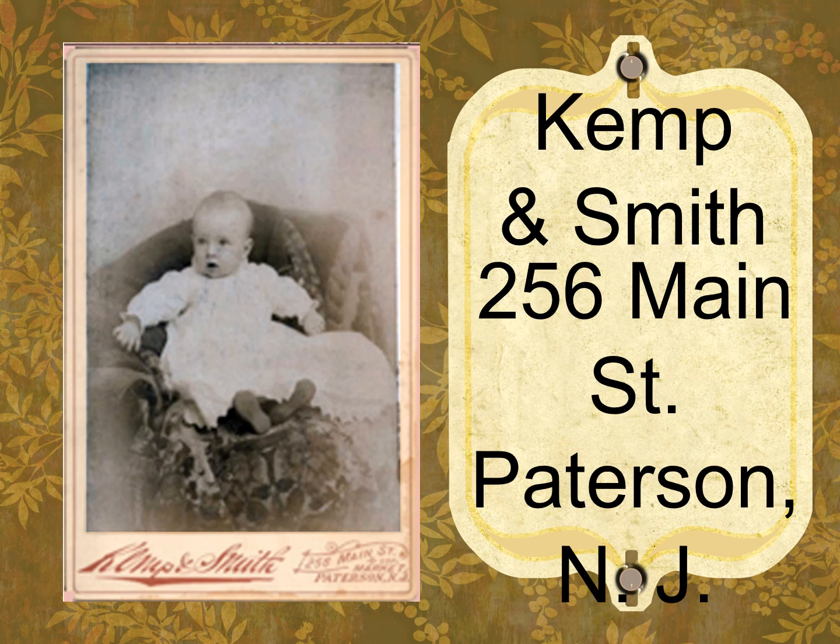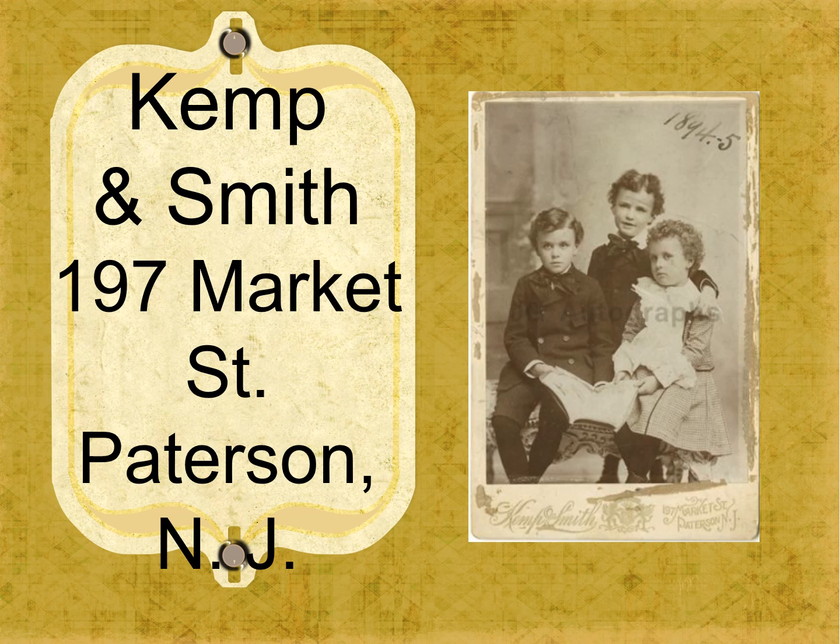On the bottom of this photograph, there is an inscription that says Kemp and Smith, 256 Main Street, Paterson, New Jersey. And on this photograph, the inscription says Kemp and Smith, 197 Market Street, Paterson, New Jersey.